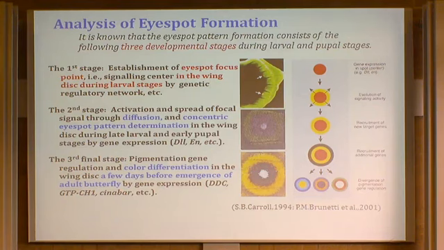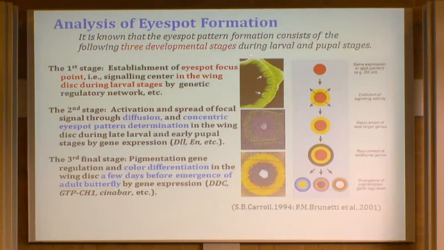Okay. So I somewhat reviewed the research or analysis of eye spot formation. This is a local pattern, I think. The eye spot pattern formation consists of 3 developmental stages during larval and pupal stages.